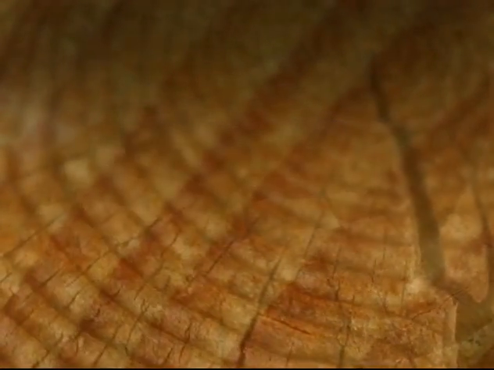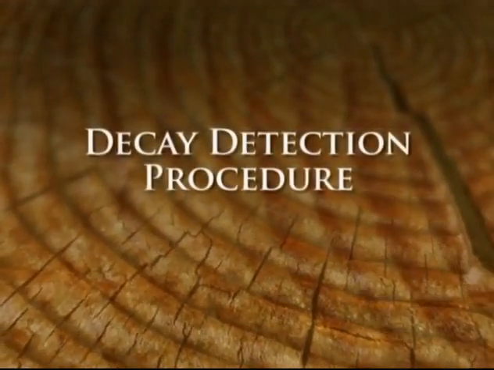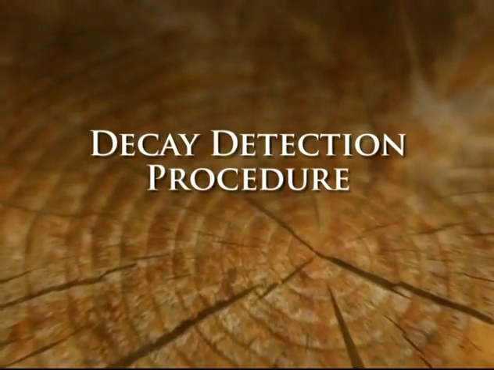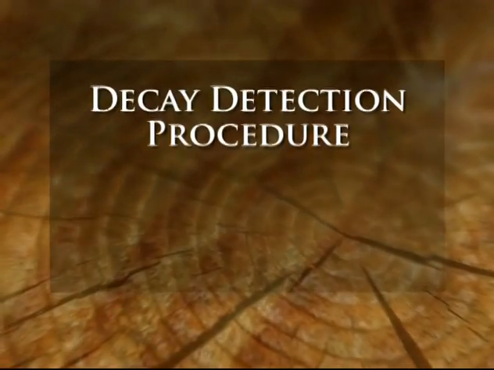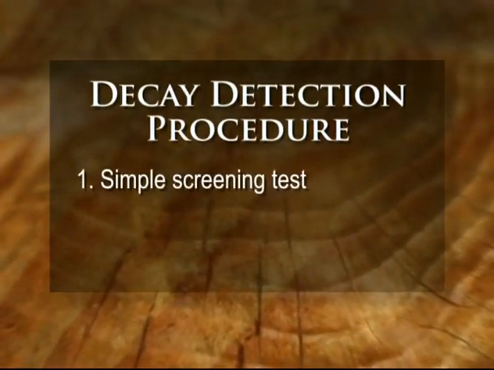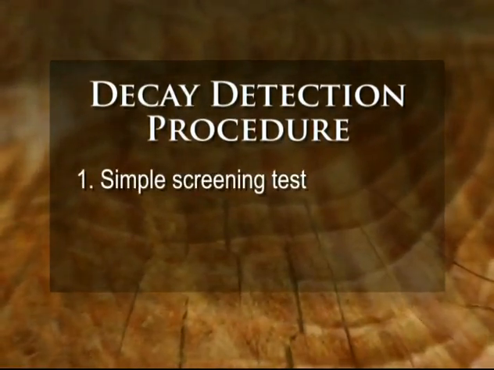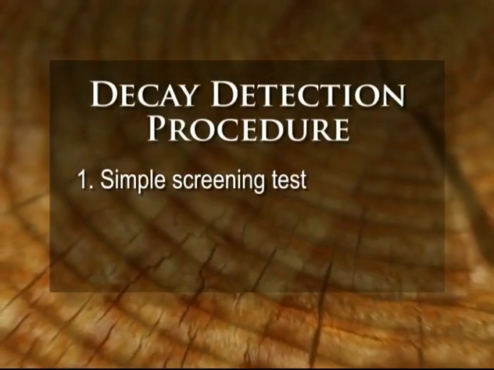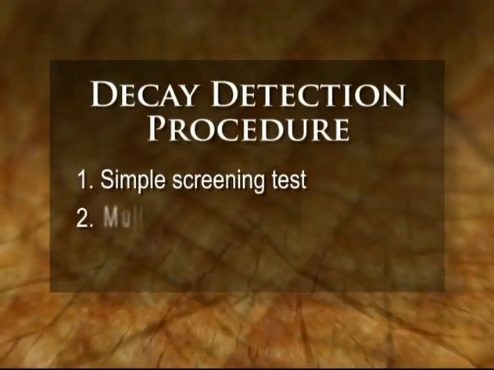An effective tree decay detection procedure uses these acoustic and micro-drill tools in combination with visual inspection. The steps of the procedure are: number 1, conduct a simple screening test using a combination of visual inspection and single-path stress wave testing.